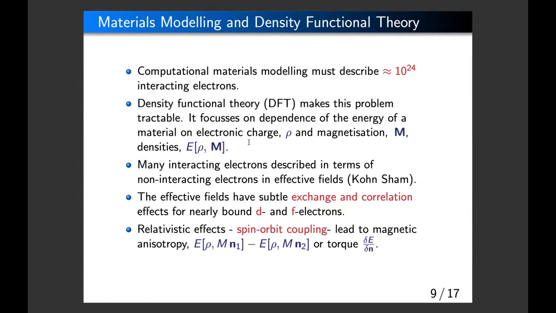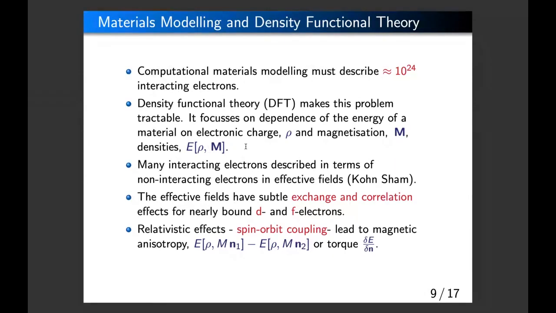We're thinking about a perfect single crystal at the moment, but it can be generalized to any material. Then the theorems that lie at the heart of the framework say that the actual charge density and magnetization density that you have in this energy are found by minimizing this energy with respect to these profiles.